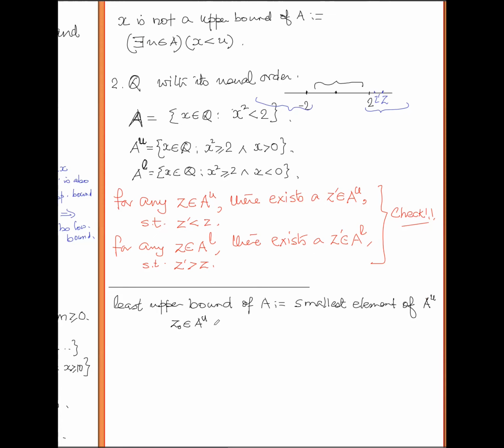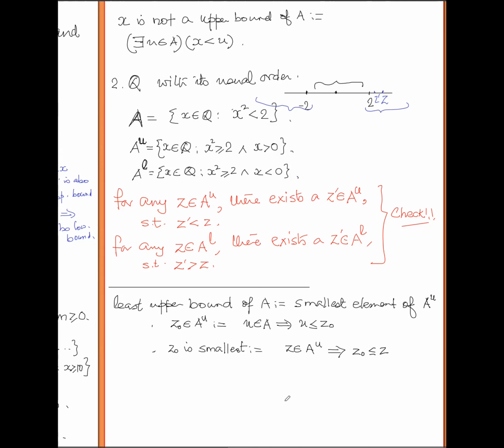So this expands to say that U belongs to A implies that U is less than or equal to Z naught. This is the first part, and it's the smallest. So this expands to say whenever I take any upper bound, then Z naught is smaller than that.